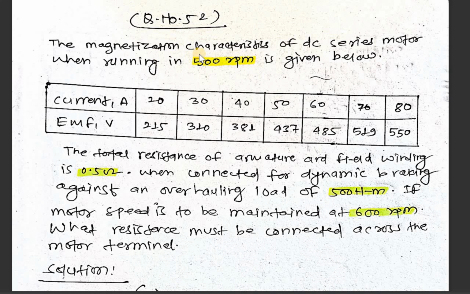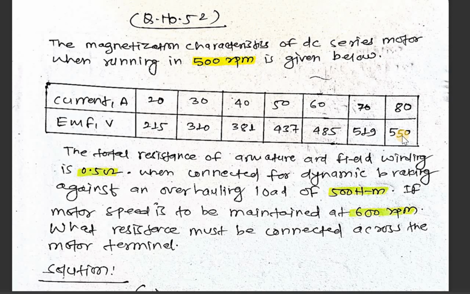Today our numerical problem is: the magnetization characteristic of a DC series motor when running at 500 RPM is given below. This is the magnetization characteristics, current and EMF. When current is 20, EMF is 215; 30, 210; 40, 381; 50, 437; 60, 485; 70, 519; 80, 550.